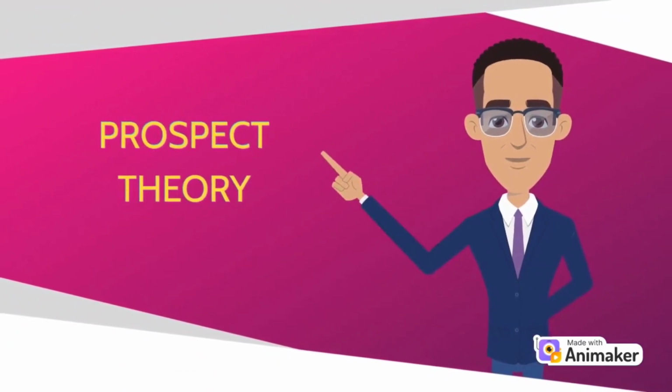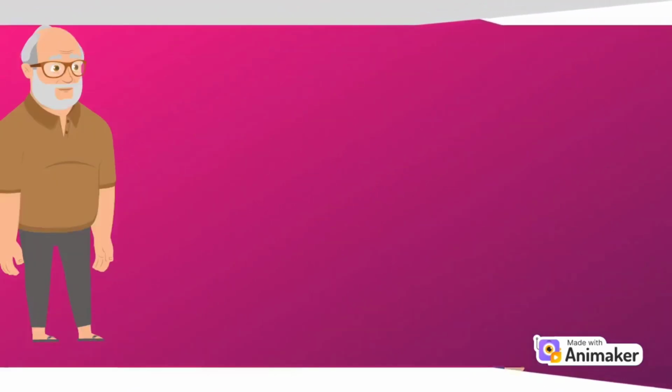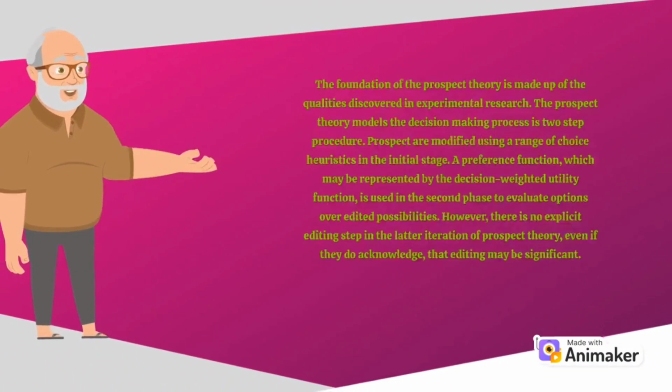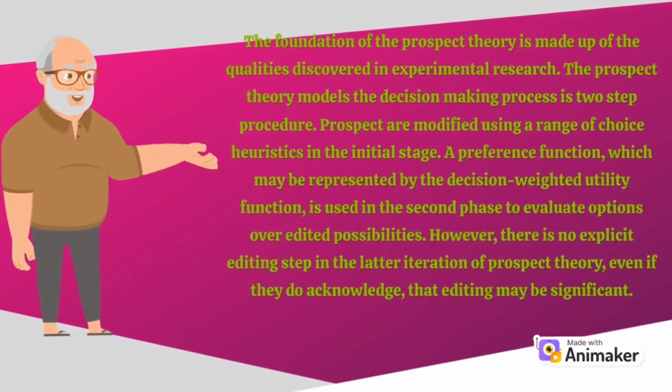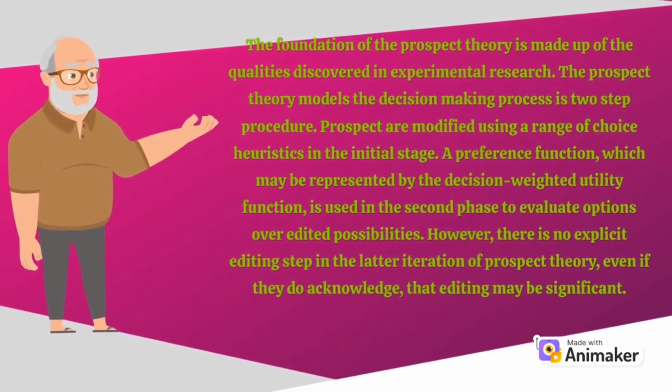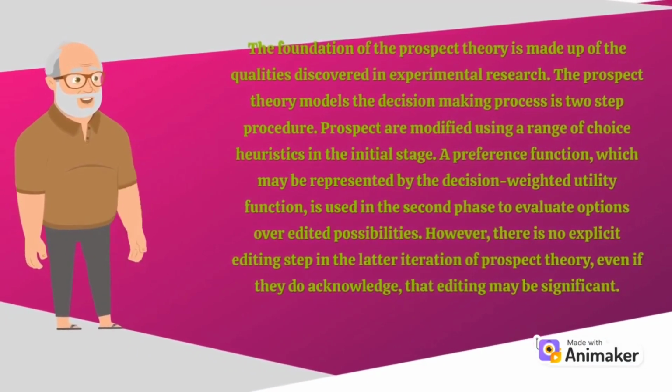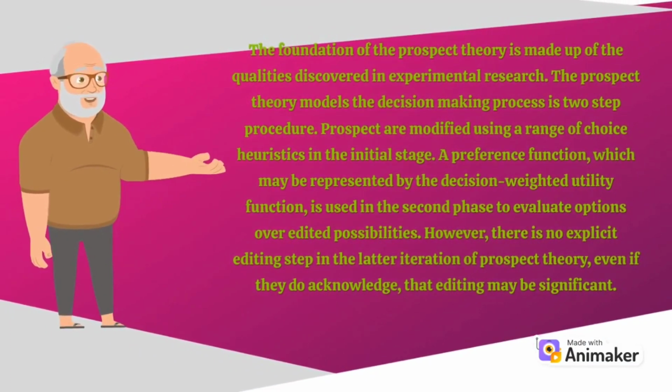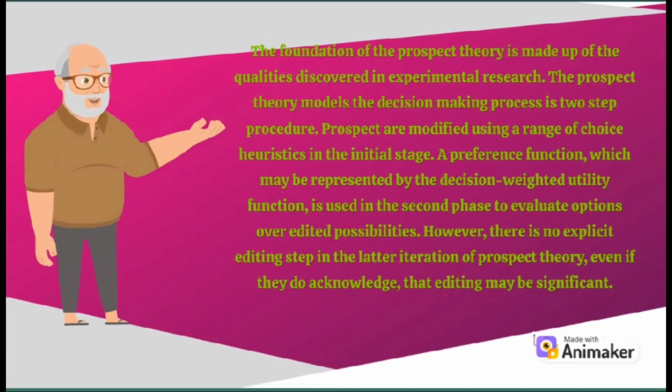Okay, then we go to prospect theory. The foundation of the prospect theory is made up of the qualities discovered in experimental research. The prospect theory models the decision-making process as a two-step procedure. Prospects are modified using a range of choice heuristics in the initial stage.